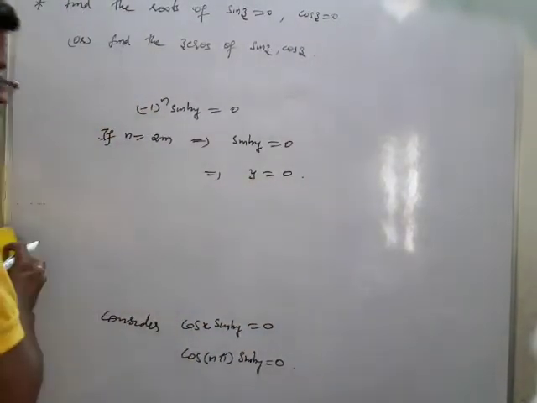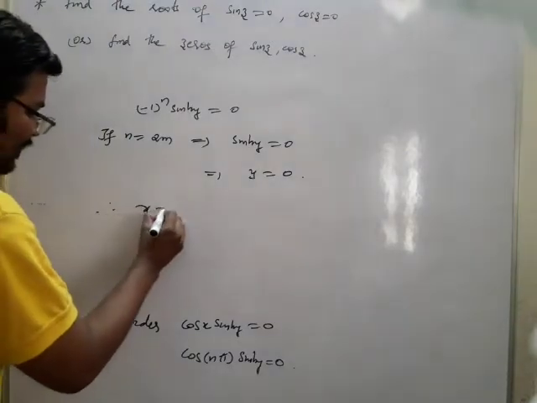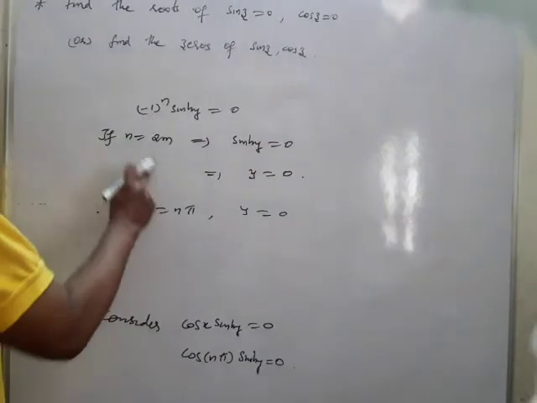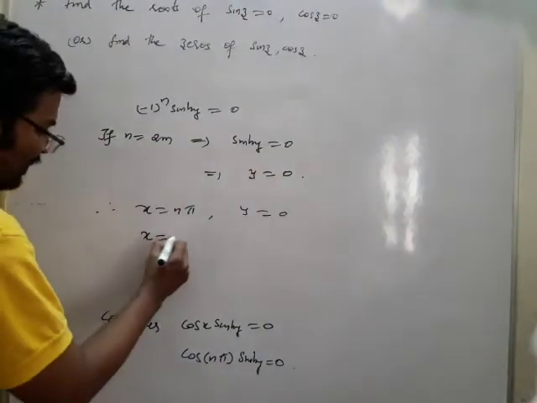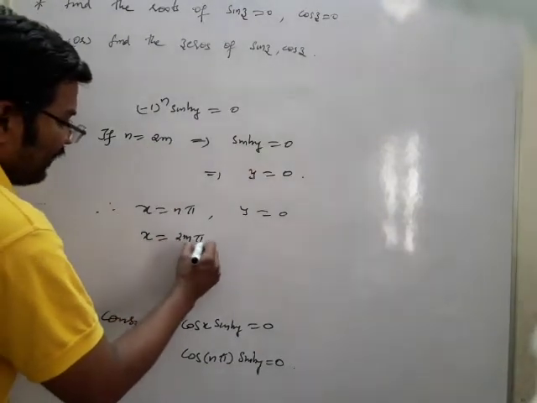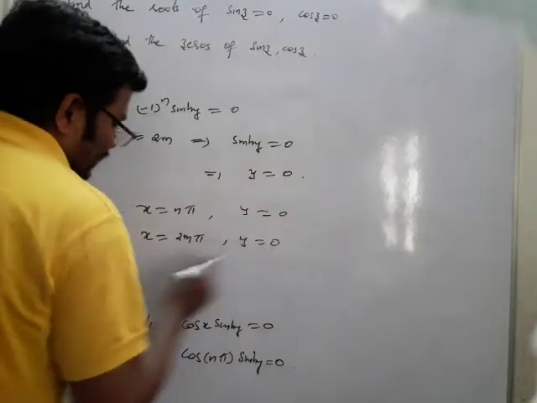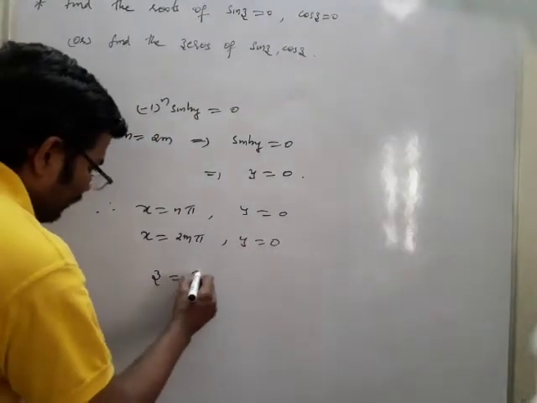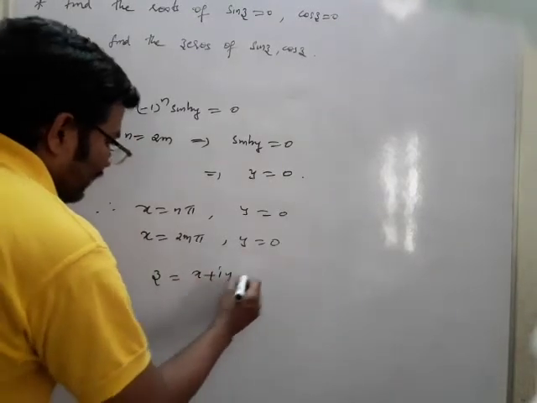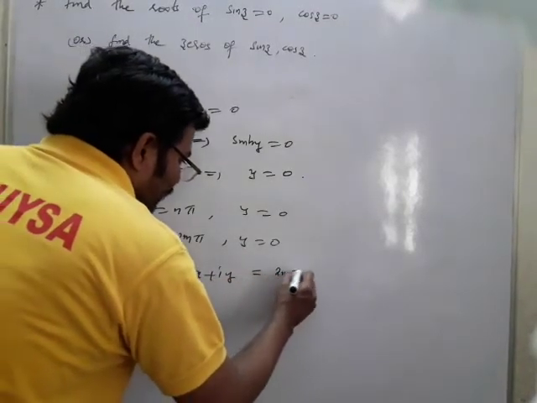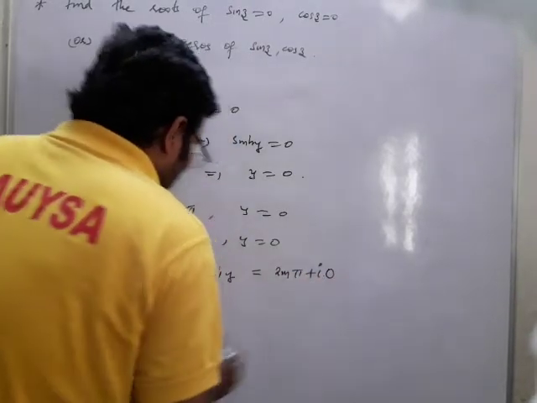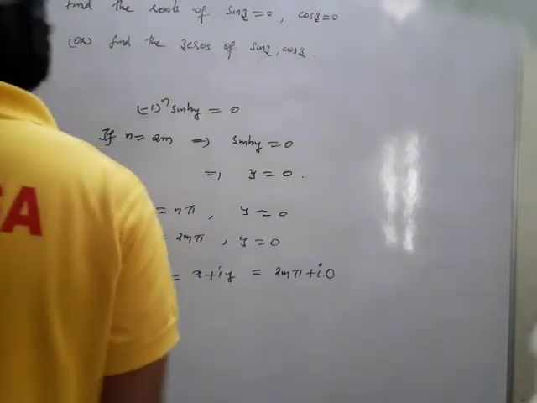But n is nothing but 2m. So I may write x is equal to 2m pi and y equal to 0. So what is the value now? z is equal to x plus iy. That implies 2m pi plus i into 0.